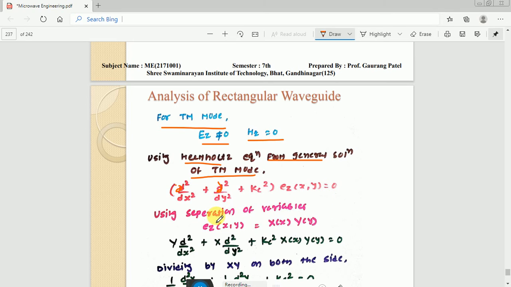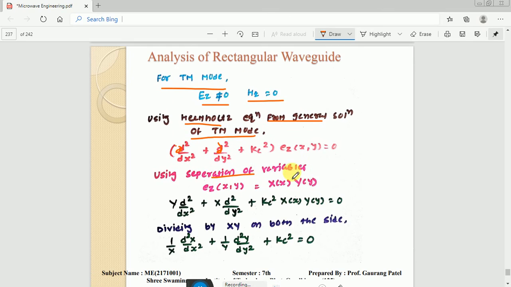Now using the method of separation of variables, we can write Z(x,y) is equal to X(x) into Y(y). Using this in the expression, instead of Z(x,y), if we put X(x) into Y(y), then we will get this second order differential equation: Y del square X divided by del x square plus X del square Y divided by del y square plus kc square X(x) Y(y) is equal to 0.